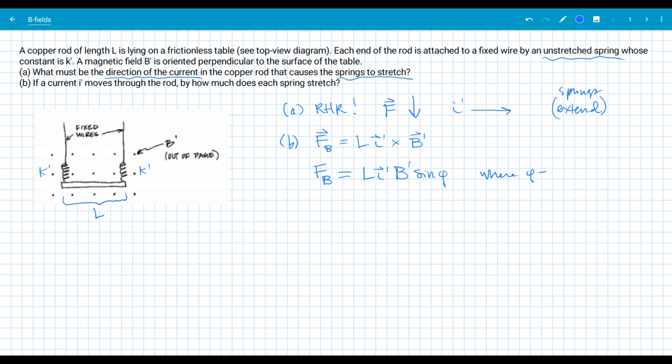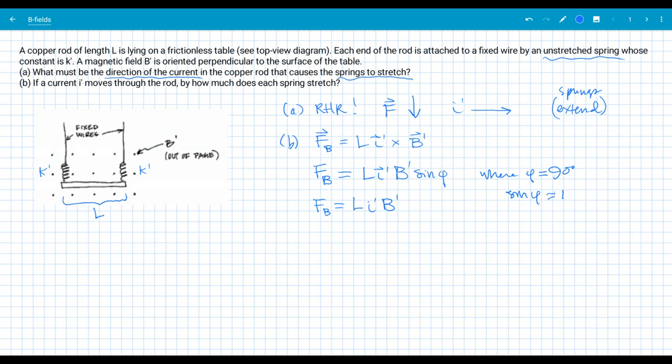In this case, phi is equal to 90 degrees, right? And if phi is equal to 90 degrees, then sine of phi is equal to 1. So that's cool, and that allows us to simplify further. The magnitude of the force is equal to L times I prime times B prime.